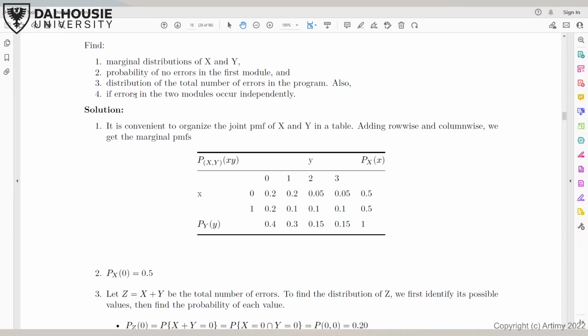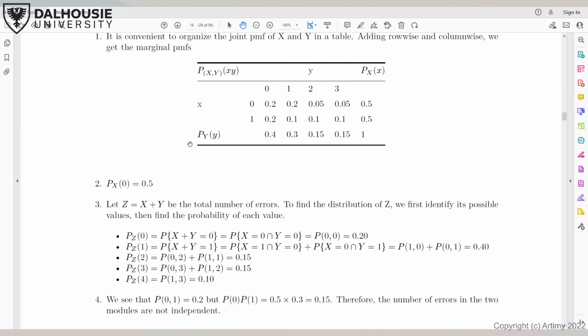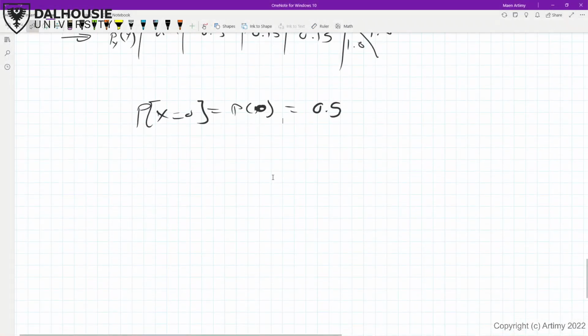Next, the distribution of the total number of errors in the diagram. Here it gets a little bit more involved. I have x and I have y, and each one of them represents errors in one module. What is the total? We need to come up with a new variable called z, and this variable represents both x and y. So assume that z is the variable that represents x and y.